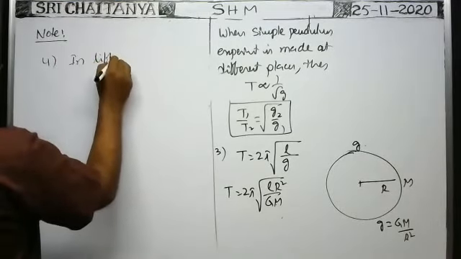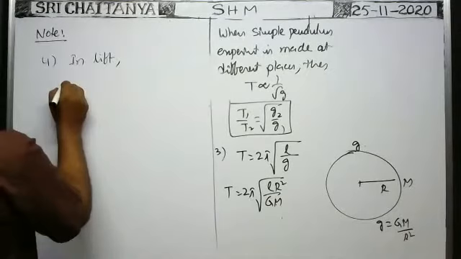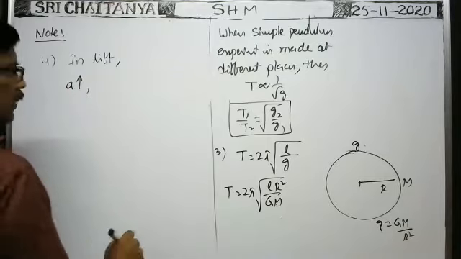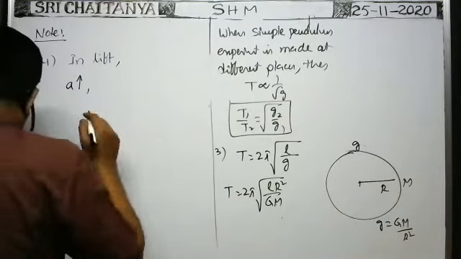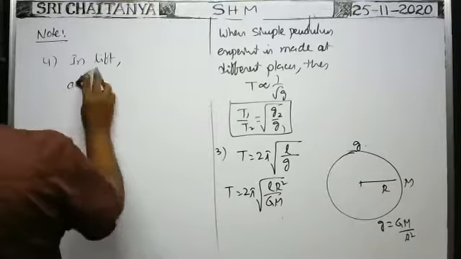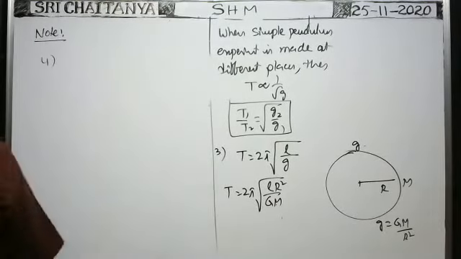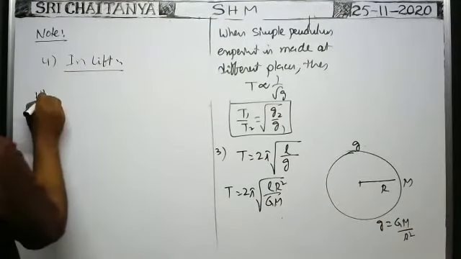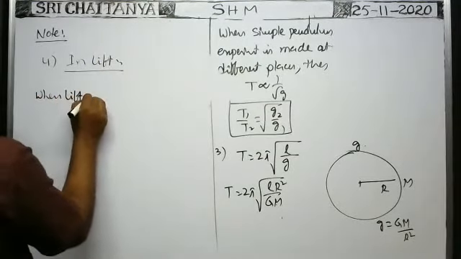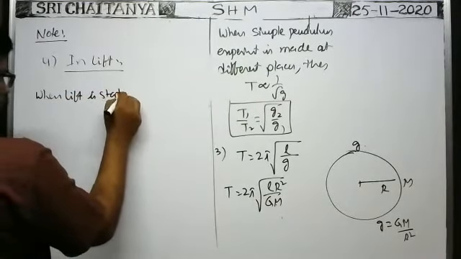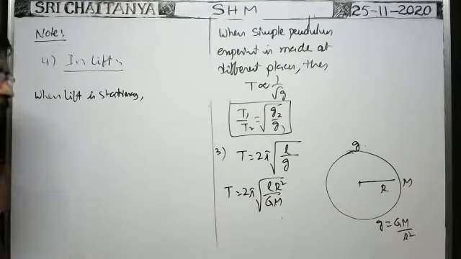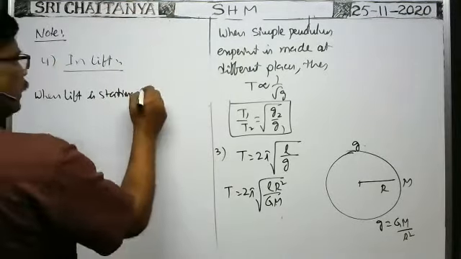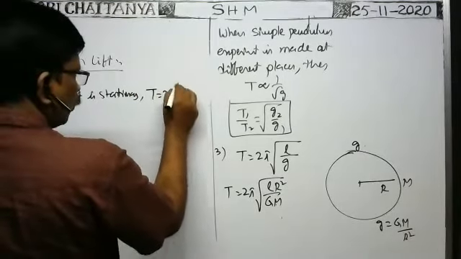In lift concept, when the lift is stationary, that means at rest, and from the ceiling of the lift the simple pendulum is suspended, then time period T is equal to 2 pi into root L by g.